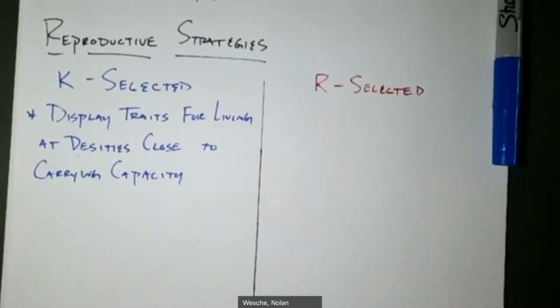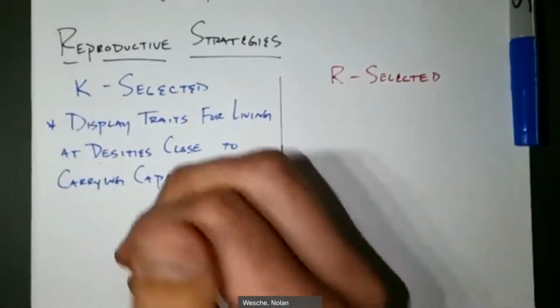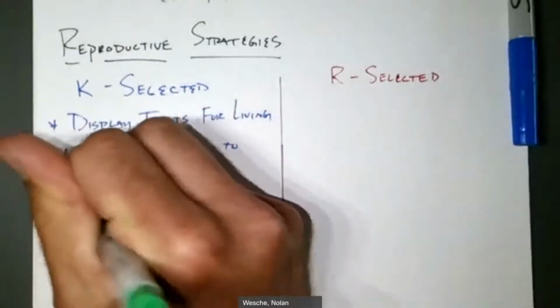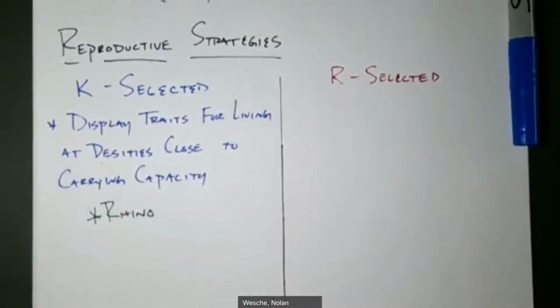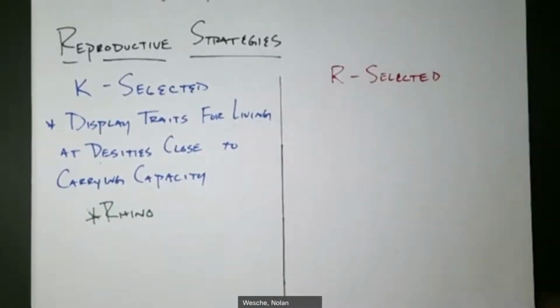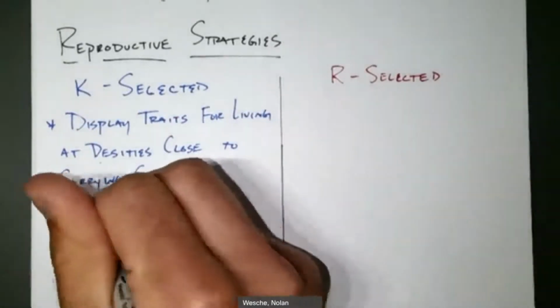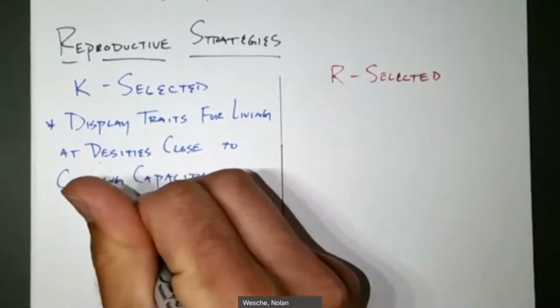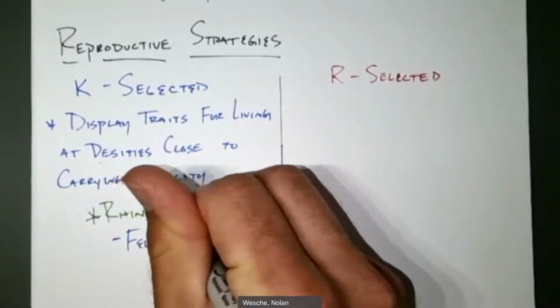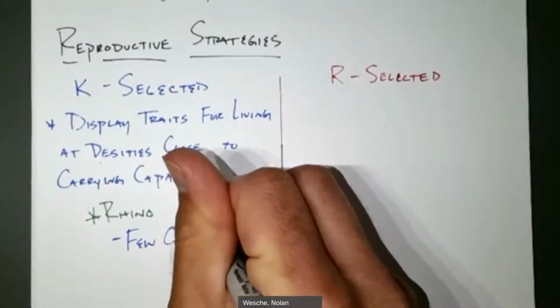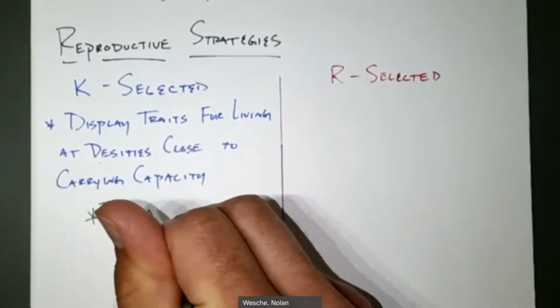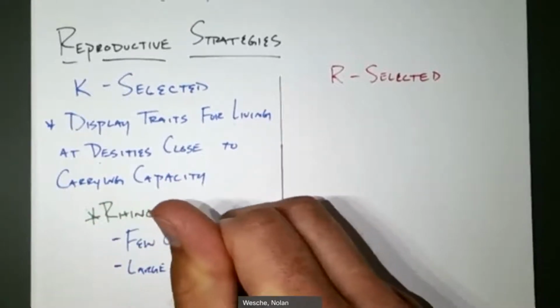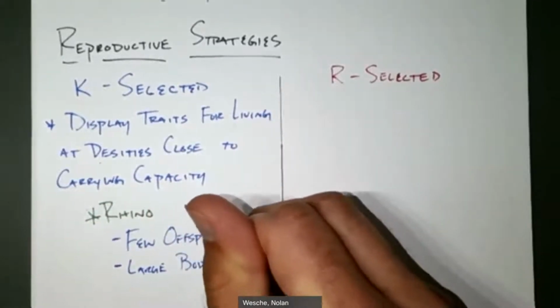So we'll go ahead and just make a note here. A rhino wouldn't be the only example. There'd be plenty of others, but that's one that we can just kind of make a note of. And again, we would be looking at things like very few offspring, probably a long gestational period, large body size is allowed in this setting.